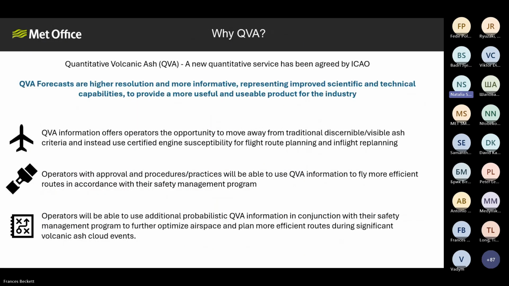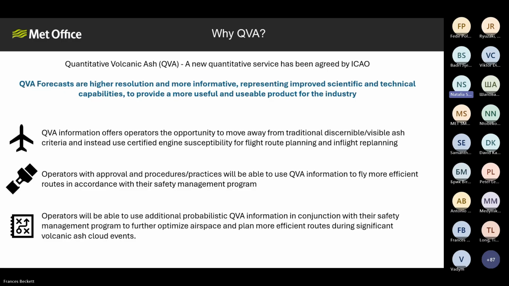Over the last decade or so, there have been significant advances in our scientific and technical capability to provide a volcanic ash forecast. And QVA will reflect this. They will provide higher resolution information and more informative forecasts that are more useful and usable for the industry.